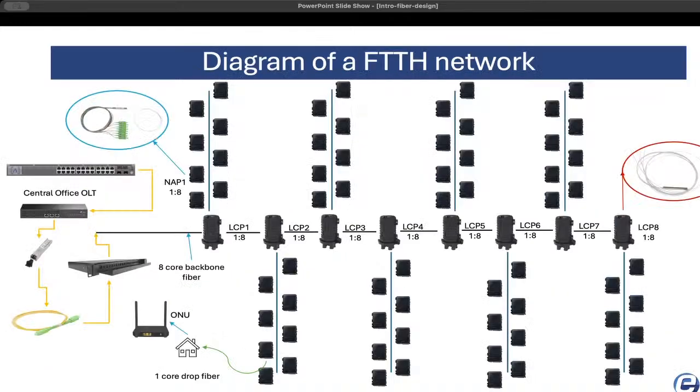This is a basic diagram for your connector. You have your central office patch cord, patch panel with a switch. I put an Alta switch here because I like it, and it has an SFP port. So you can connect your switch to your central OLT, and that goes to a mini Givik module.